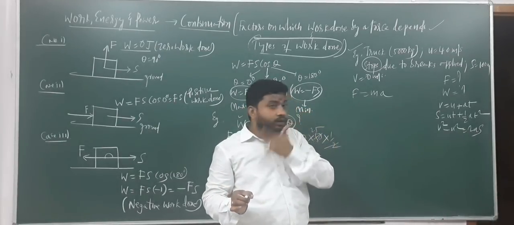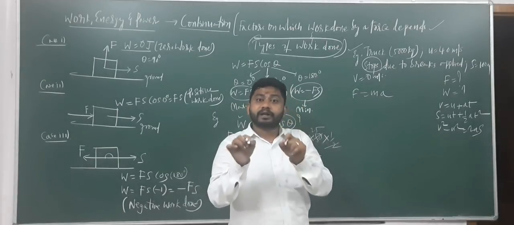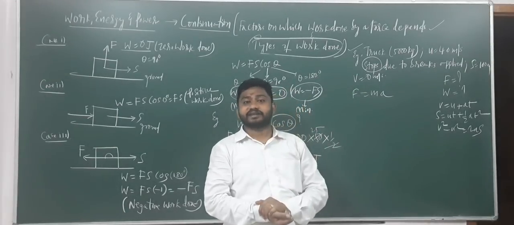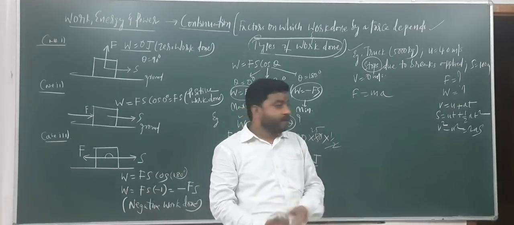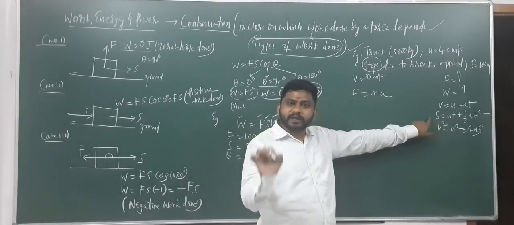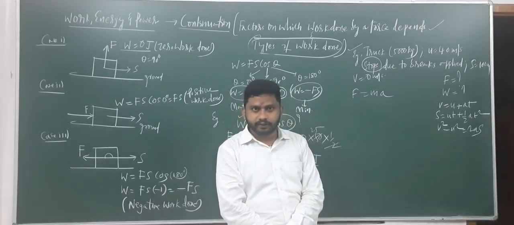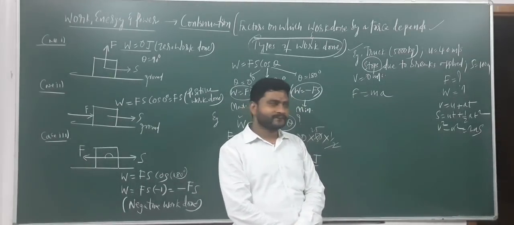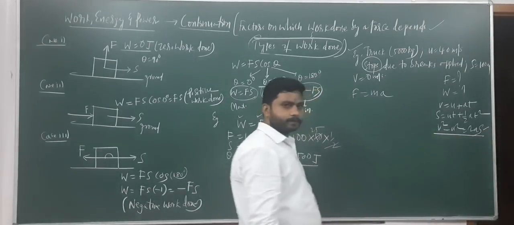I'm starting and explaining from the basic level because there are some new students joining. So that's the reason. From the basics again we are discussing. So can I use the second equation? No, because time is included in this equation too. Can I use the third equation? 100% you're right, you can use the third equation.